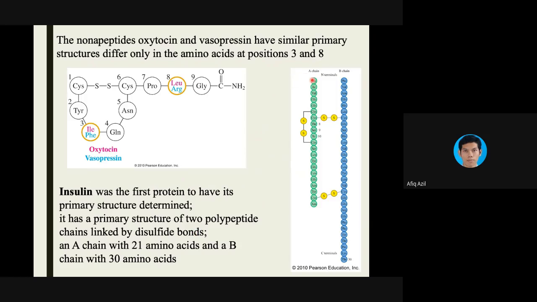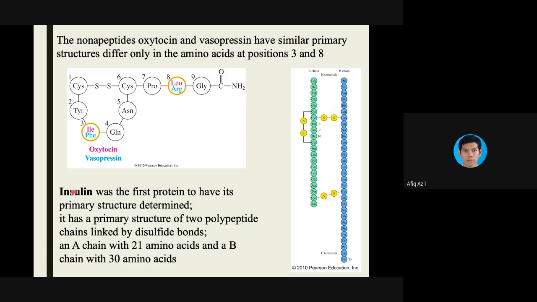This one contains 1, 2, 3, 4, 5, maybe around 20 amino acids. This one could be maybe up to 30. This one, 30 amino acids. This one I think around 20. So these two chains of peptide form a bond, forming what you call insulin.